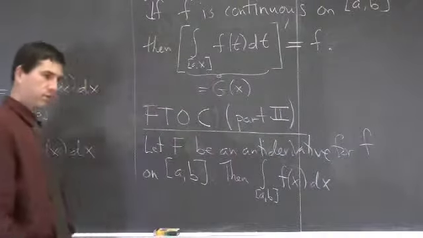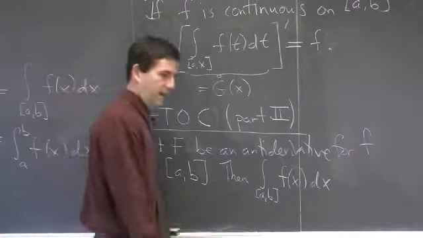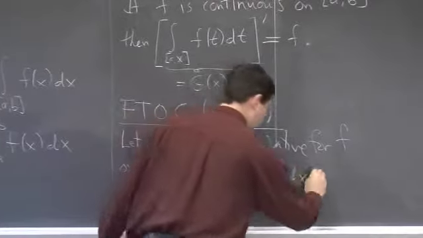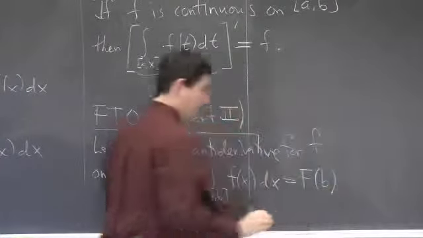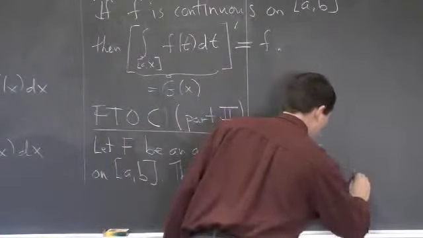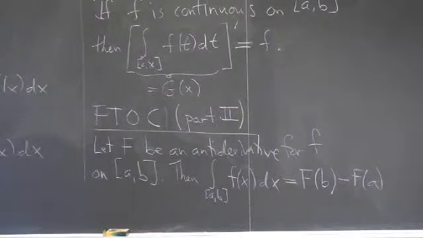Let's say we want to compute this integral. The second part of the fundamental theorem of calculus says, and this is what you've probably seen if you've taken calculus before, that this is equal to: you evaluate the antiderivative at the larger endpoint, and you subtract the antiderivative at the smaller endpoint.